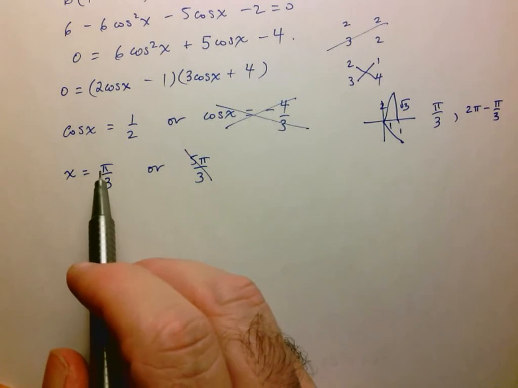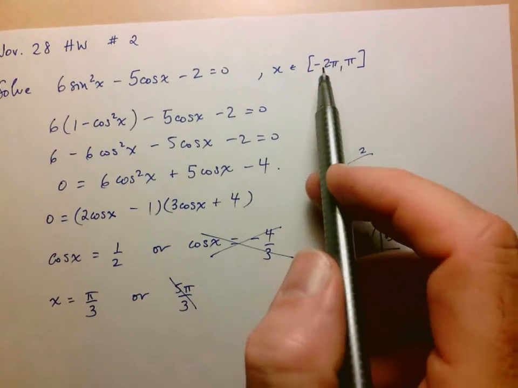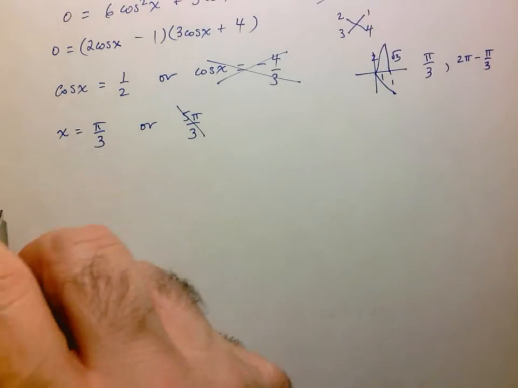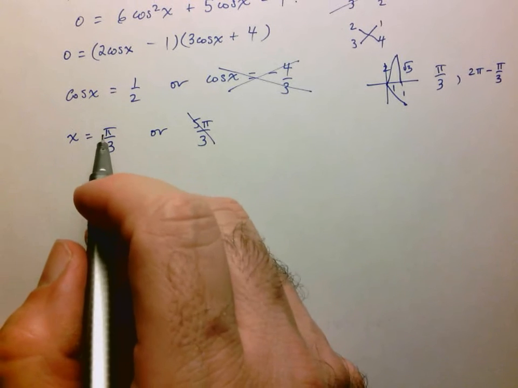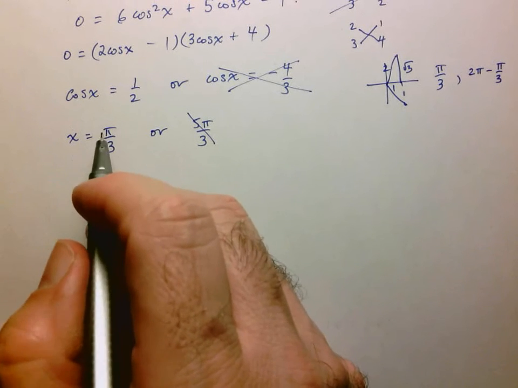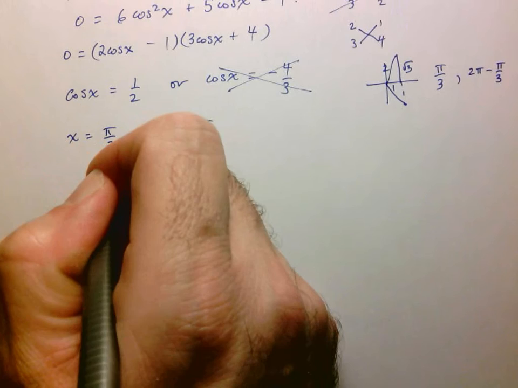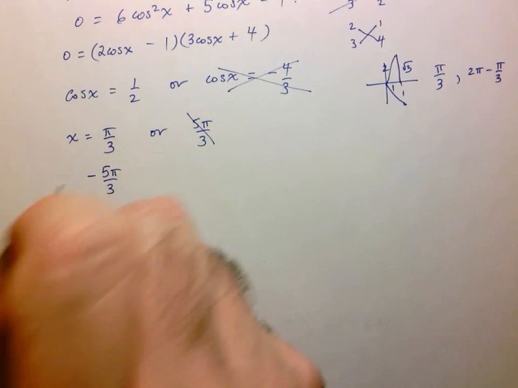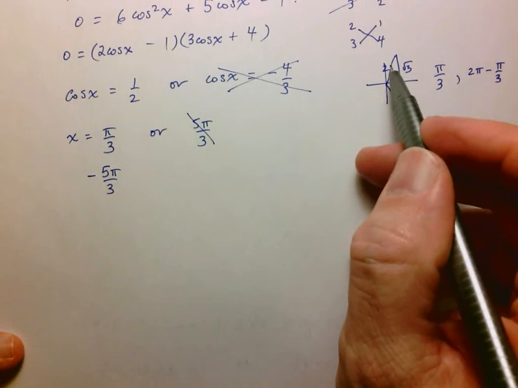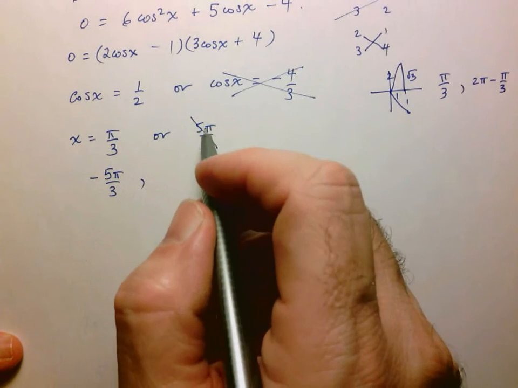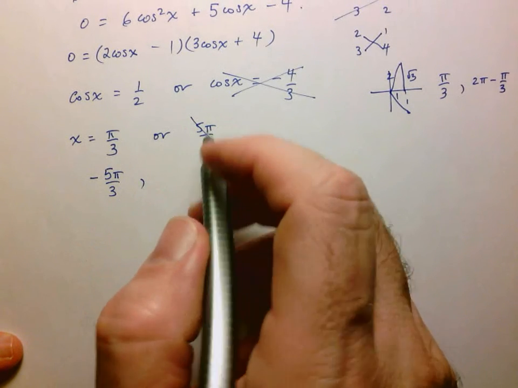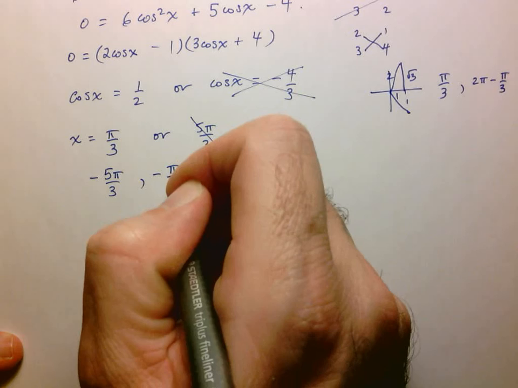Okay, so pi over 3. Obviously, I'm not going to bother adding 2 pi because I have to stay less than pi. But let me subtract 2 pi. So instead of thinking of subtracting 2 pi, I'm going to think of subtracting 6 pi over 3. So pi over 3 minus 6 pi over 3 gives me negative 5 pi over 3. Okay, so that's there, still within my range. Or of course, I can subtract 5 pi over 3 minus 6 pi over 3, which is negative pi over 3.